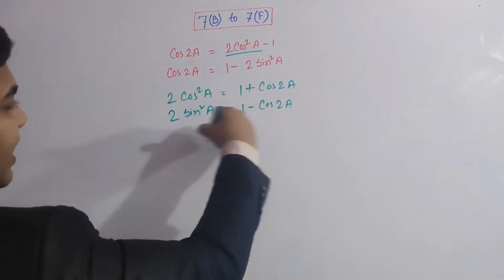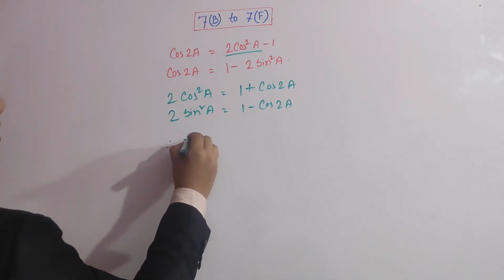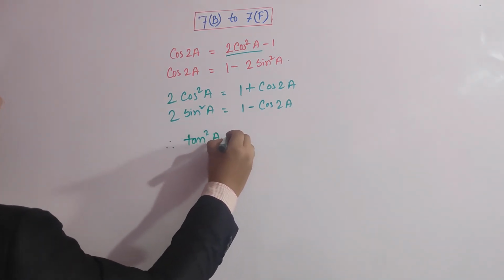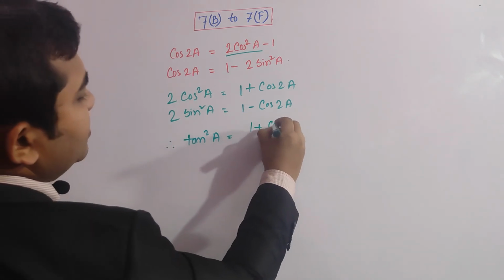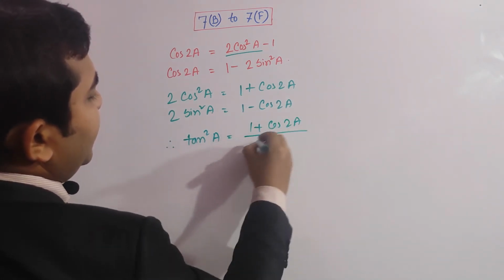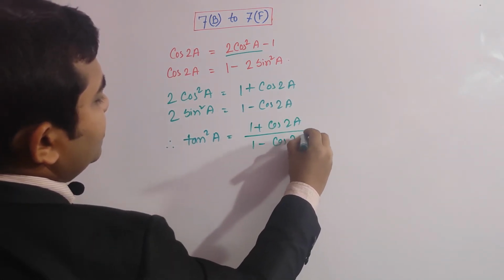So if we divide these two, then we'll get tan square a equals 1 plus cos 2a divided by 1 minus cos 2a.